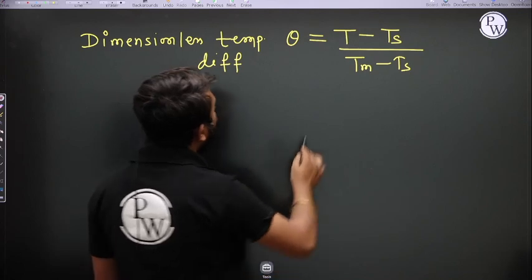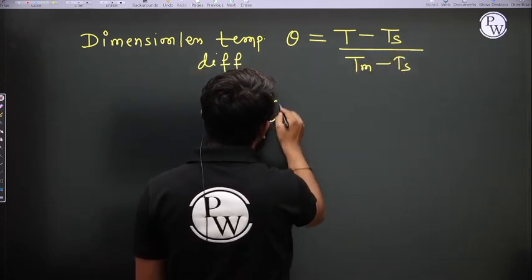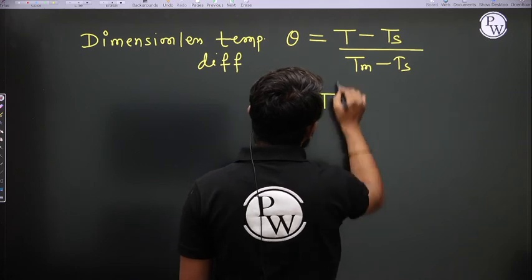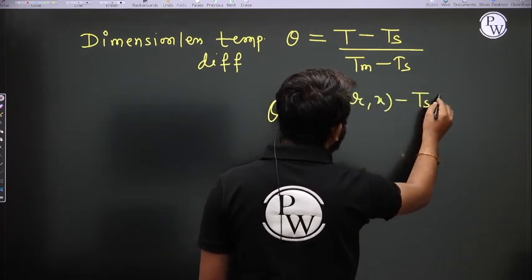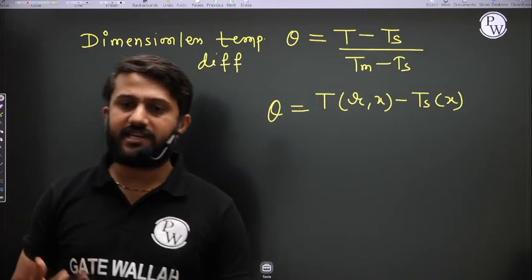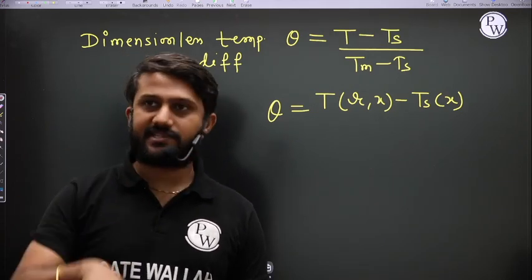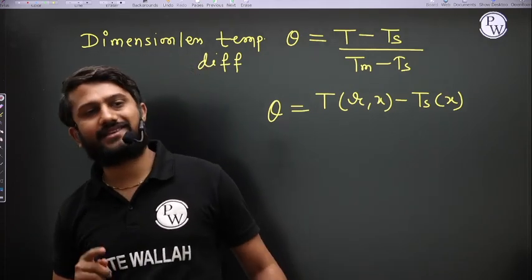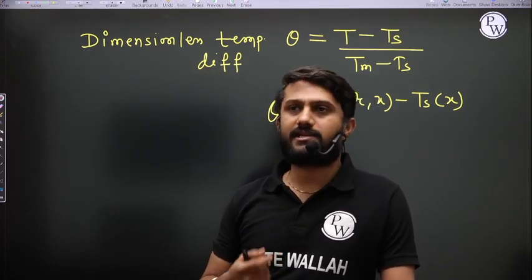So this theta is equal to T minus Ts upon Tm minus Ts, or you can write it in this way also, because T is a function of R and X both, minus surface temperature. Here I am assuming the surface temperature is constant, but as in external forced convection, there are two cases. One is a constant wall temperature case, and another is a constant heat flux case.